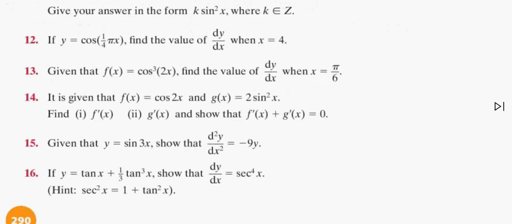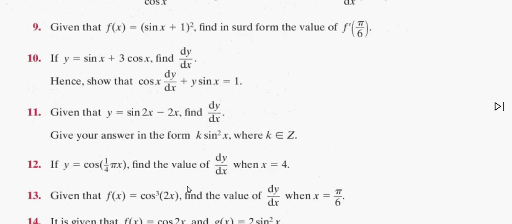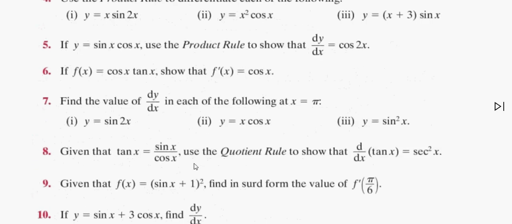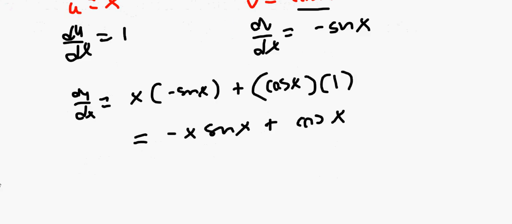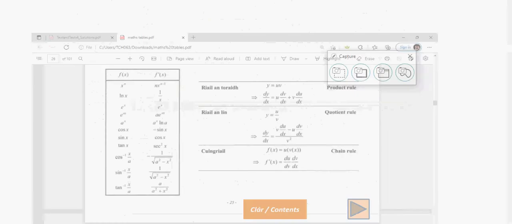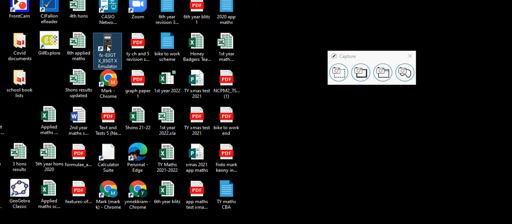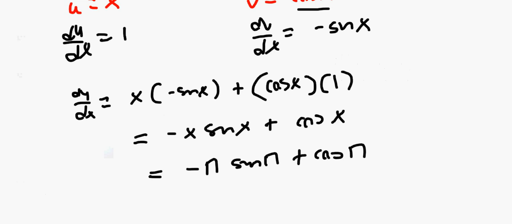Alright, have a quick look at this again. Oh, I didn't finish the question properly either. What I was meant to do: x equals pi, minus pi sine pi plus cos pi. Now, go to your calculator.